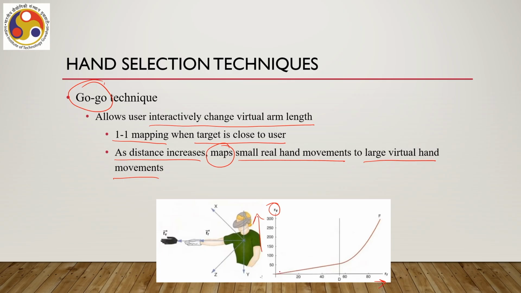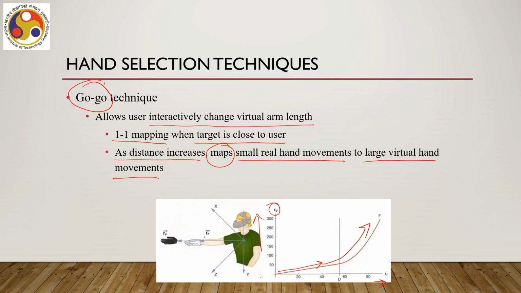Initially, as the distance of the object is nearer, there is one-to-one mapping. As the distance increases, there may be an exponential change in the way the hand moves. The further the distance, the larger is the virtual hand movement compared to the physical hand movement.